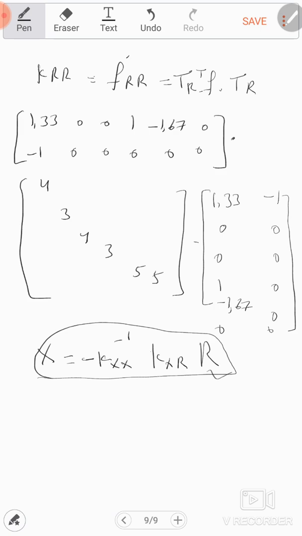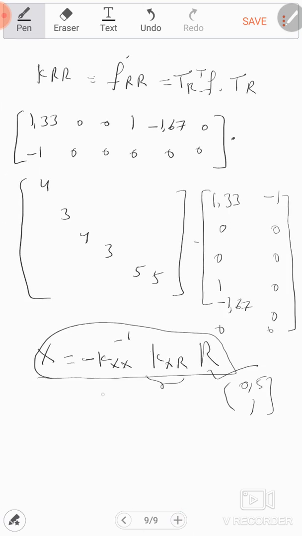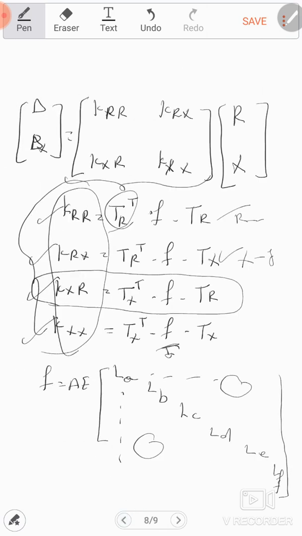R is the forces that are applied on our structure. We have 0.5 and 1. Kxr you can find from this row, and the Kxx, just make it inverse, you can find also from this one.